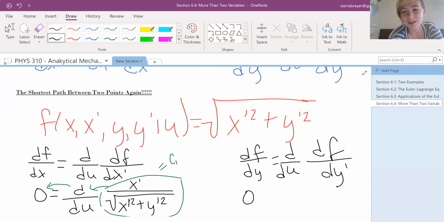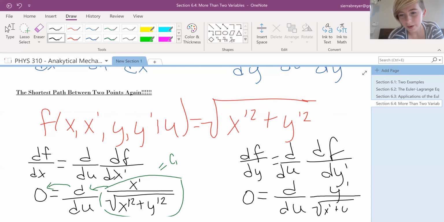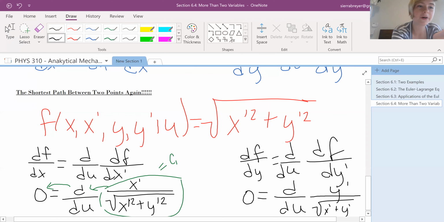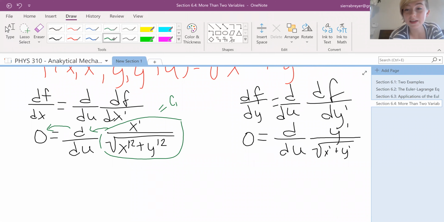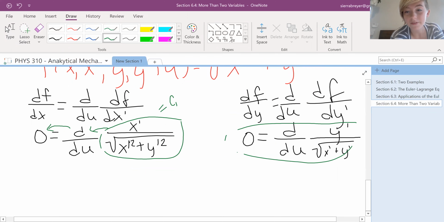So we're going to do the same thing. You end up with 0 again, still no y. And then d/du of df/dy prime, y prime over basically the same thing. So the square root of x prime squared plus y prime squared. Now I can write it small. Great. And then you're going to see the same pattern pop up. So we're going to set that equal to C2.